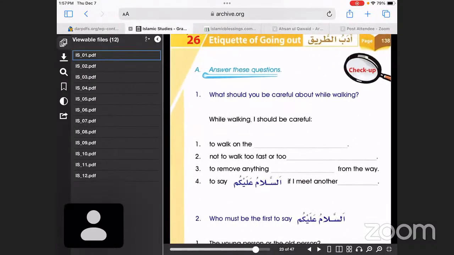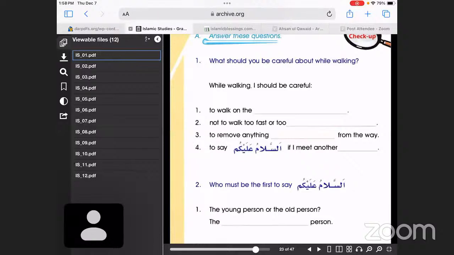Okay, what should you be careful about while walking? While walking, I should be careful to walk on the pavement, not the road. The road is for traffic, vehicles, and cars. The pavement is on the side.